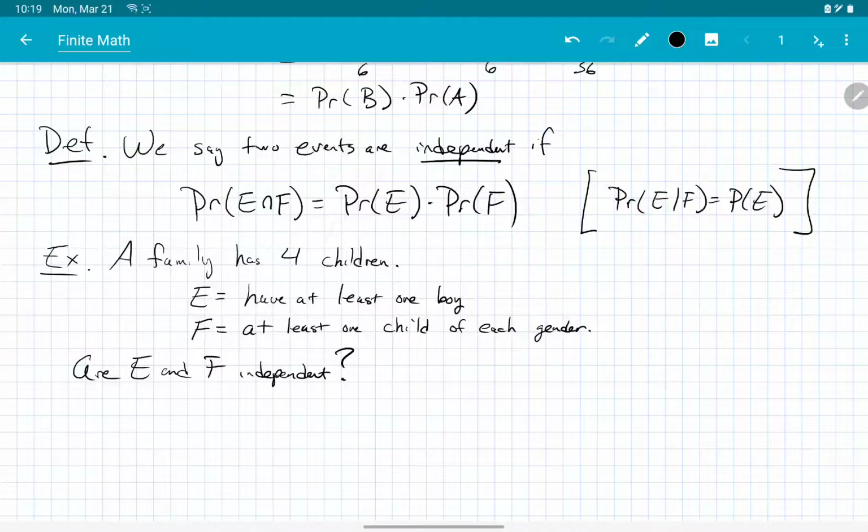Does knowing that a family has at least one boy not change the probability that they'll have a child of each gender? Or does knowing that they have a child of each gender have anything to do with them having at least one boy? Well, that second one is certainly true, right?